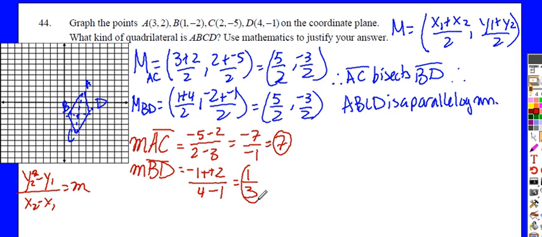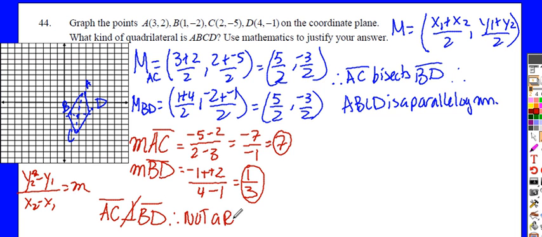If they were perpendicular, these would be negative reciprocals of one another, meaning that if this was 7, this would have to be -1 over 7, or this would have to be -3 to be the reciprocal of 1/3. Since this is not true, AC is not perpendicular to BD, so therefore it is not a rhombus.